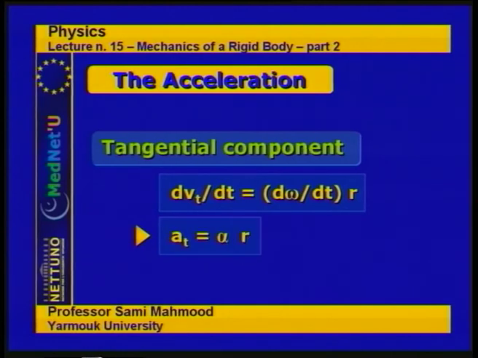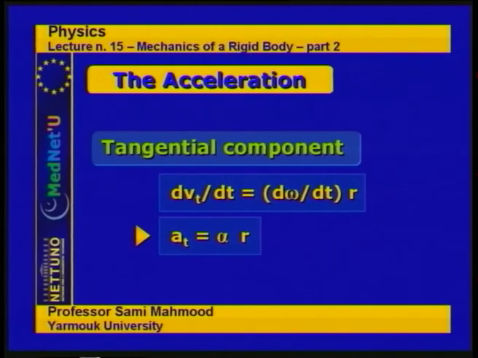d omega by dt is the angular acceleration alpha, and r is the radius of rotation, which is the distance of the particle from the axis of rotation. And this gives us the relation between the linear acceleration, which is the tangential component of the acceleration, because we have derived it from the rate of change of the tangential velocity: a sub t is equal to the angular acceleration alpha times r.